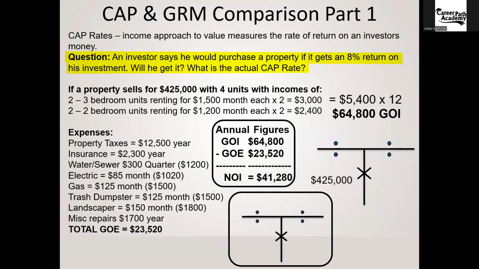Now we plug in the $425,000. And the net annual income goes up top. And you get a cap rate of, drum roll, please.